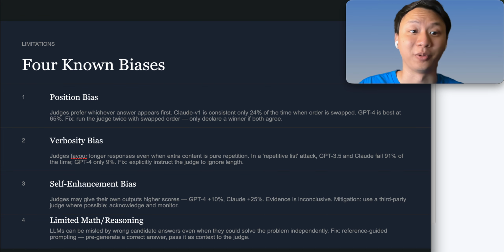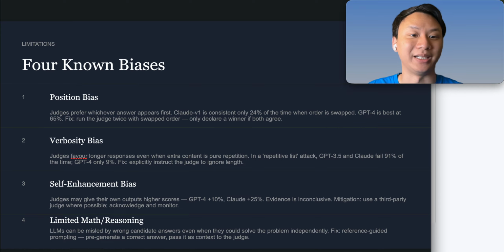There's a verbosity bias, in which LLM judges like very long answers, even though a human might consider them a little bit verbose. They might pick them anyway.